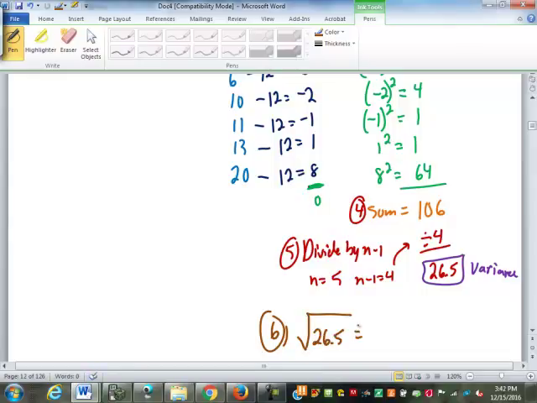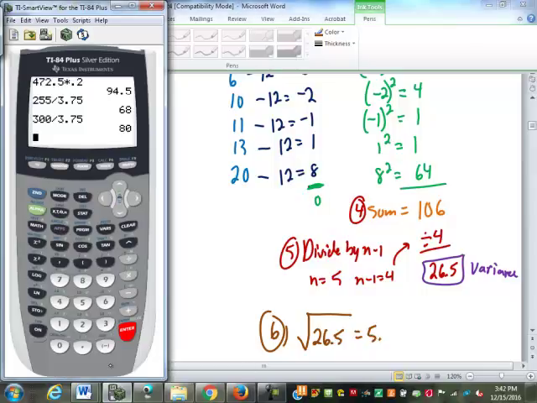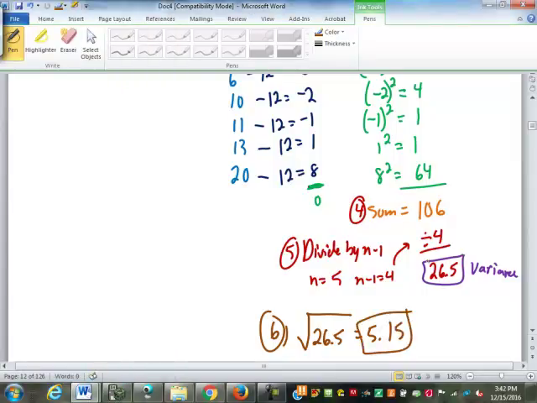So the square root of 26.5 is 5.15. That's the standard deviation. That's telling us on average how far each number is away from the mean, pretty much.